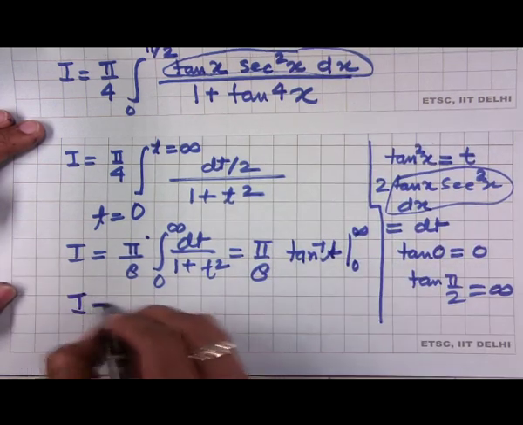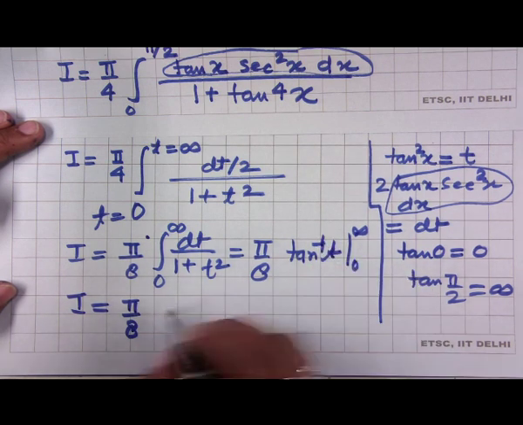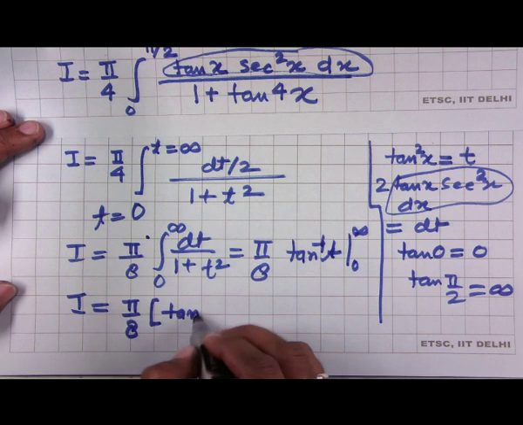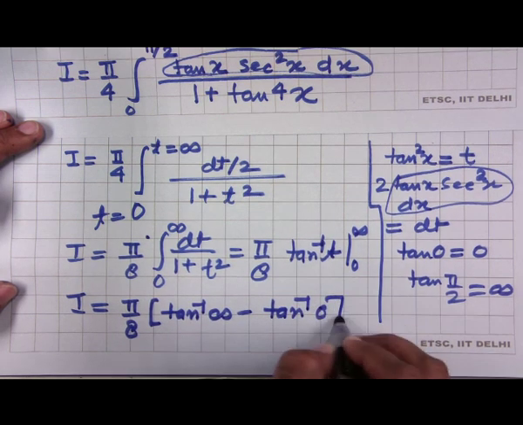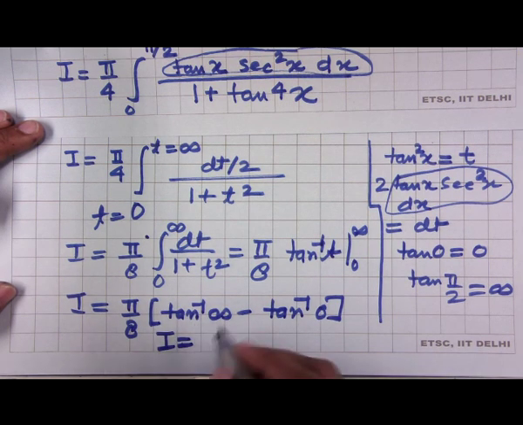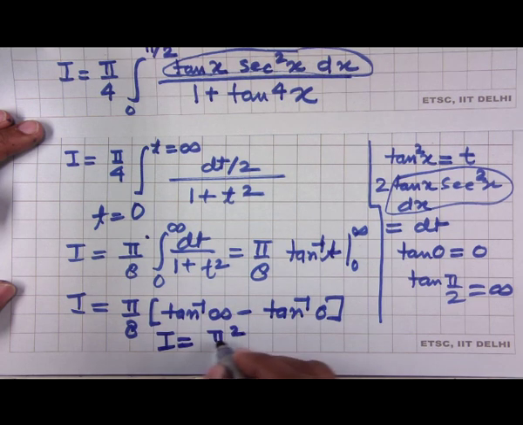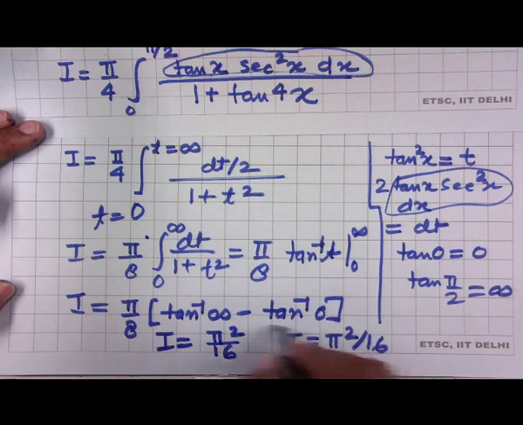So I is pi by 8 tan inverse infinity minus tan inverse 0. Tan inverse 0 is 0, and tan inverse infinity is pi by 2, so you get pi square by 16. So your answer is pi square by 16.